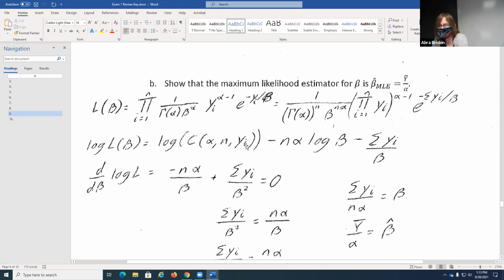And I stuck the y sub i's in here. Oh, right, because that's coming from here as well. So let me write this out.